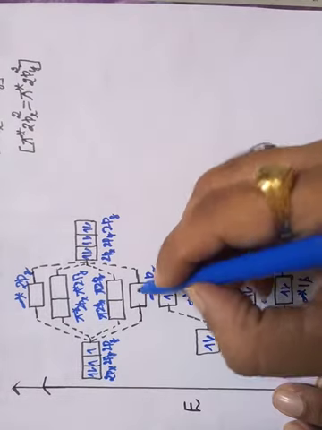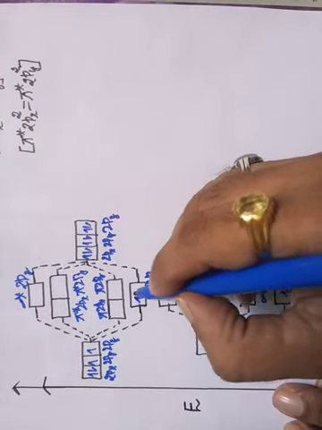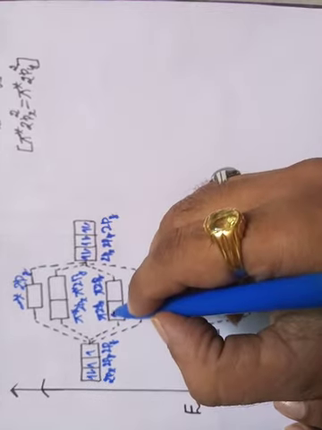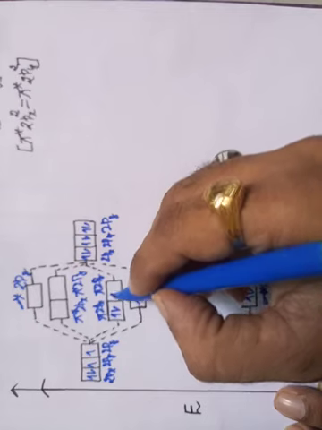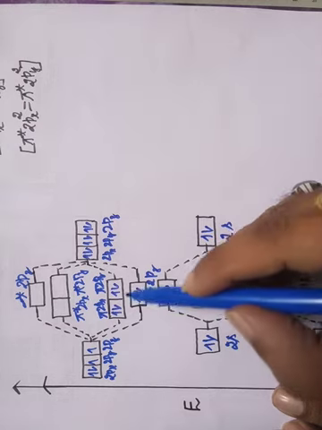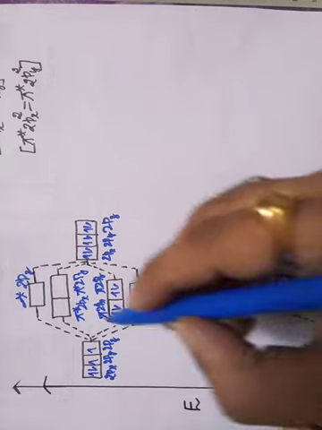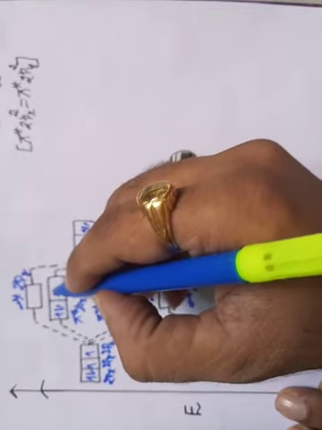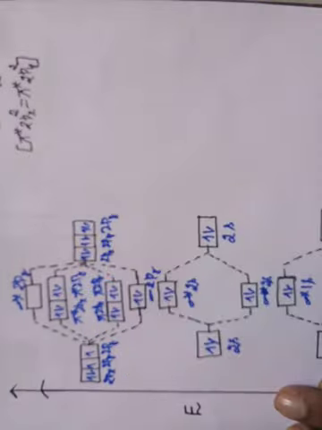Out of those 10 electrons, 2 electrons will occupy the lower energy sigma 2pz, and another 4 electrons will occupy the pi 2px and pi 2py orbitals. The remaining 4 electrons will occupy the higher energy pi star 2px and pi star 2py orbitals.